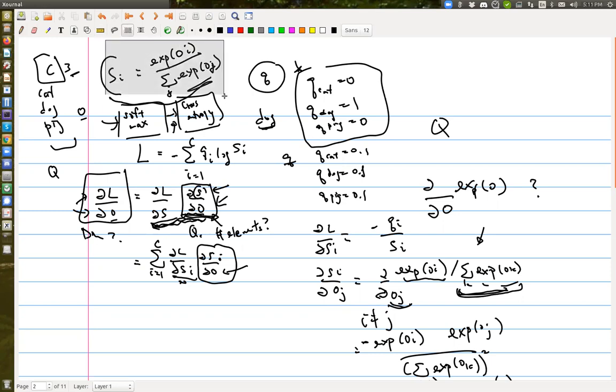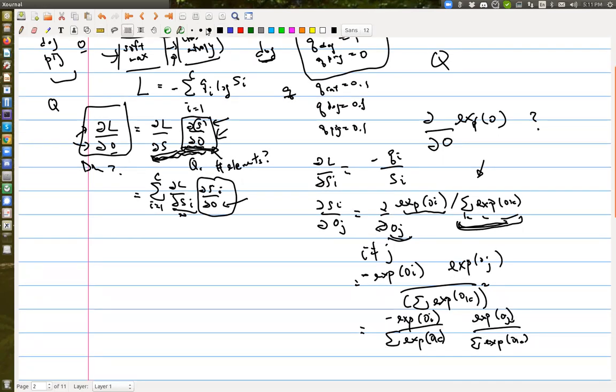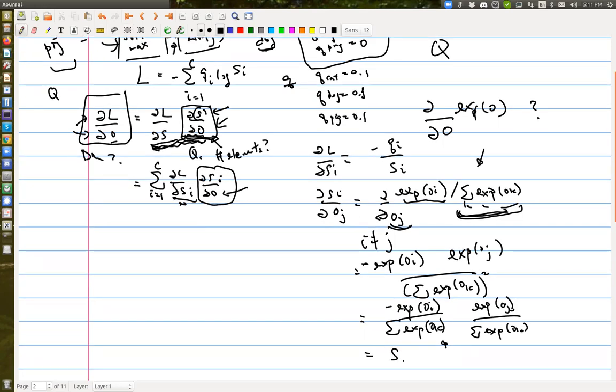So basically it's just doing softmax on the whole thing, and then the OI output. Therefore this is just equal to minus SI times SJ. And this is for the case when I is not equal to J.